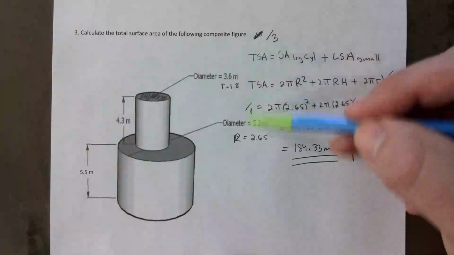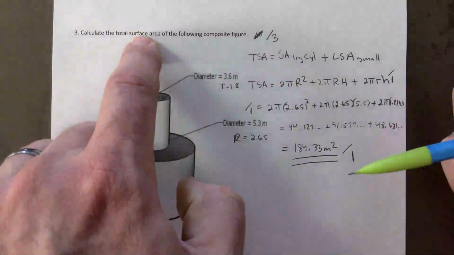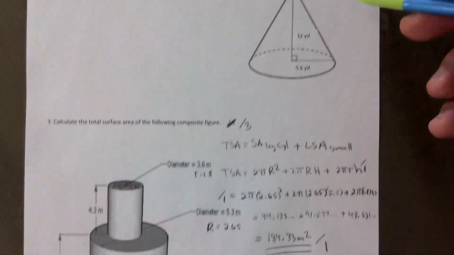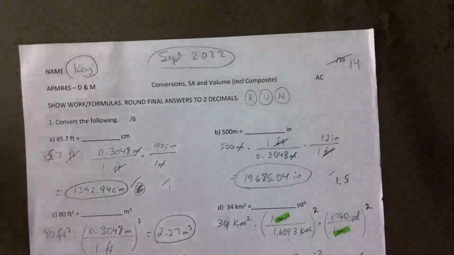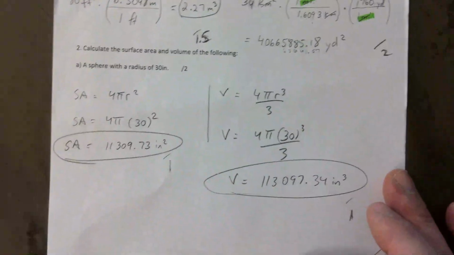I think I had volume at one point as well. I only asked you for surface area, right? Yeah. So 3 marks. We'll just do the 3 and 3, that's 6 for this. For the back is 6. You want to see the answer?